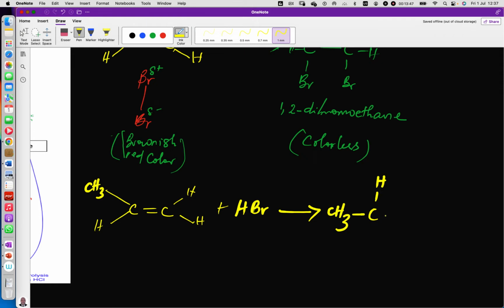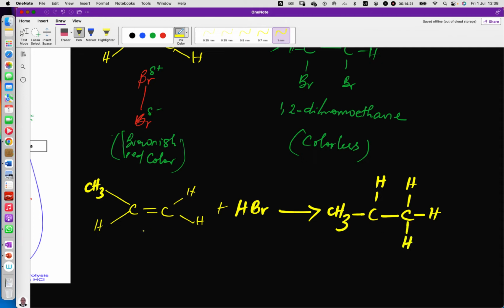Then the double bond is being broken. I said the hydrogen will attach itself to the carbon atom having the highest number of hydrogens. There are only two carbons here. This one has 2 and this one has 1 hydrogen. So the hydrogen will attach itself to this carbon atom here.